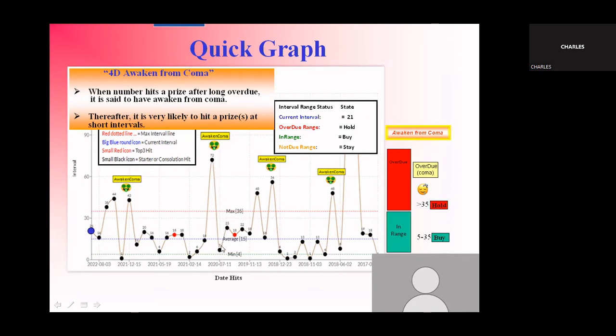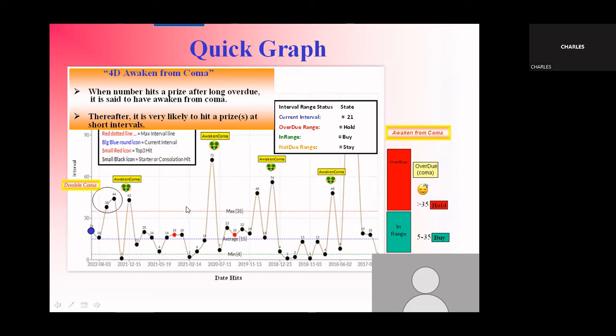So it is best if it passed the average line, that means interval 15, then you stop buying, because if you continue like in this case, you're already caught by having to buy this number for until 72 draws, which is not a good thing to do. So in order to cut loss, it is best you stop at the average interval line, or if you want to play, at most you go up to interval 35, which is the max interval line.